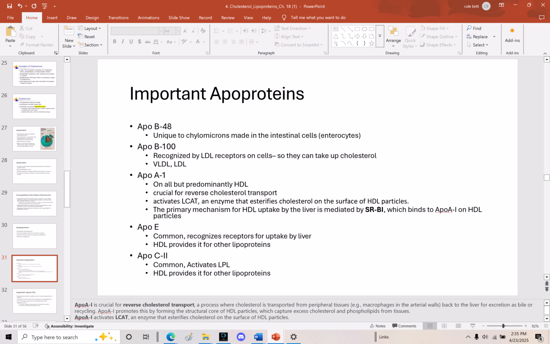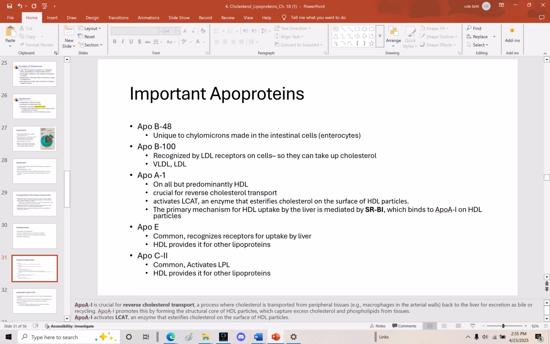VLDL is carrying triglycerides to tissues. When it drops off its triglycerides, VLDL becomes LDL in the blood. VLDL becomes LDL. And so VLDL and LDL are kind of the same lipoprotein, except one of them has just dropped its load. VLDL is the one that's first made, dropping off triglycerides.